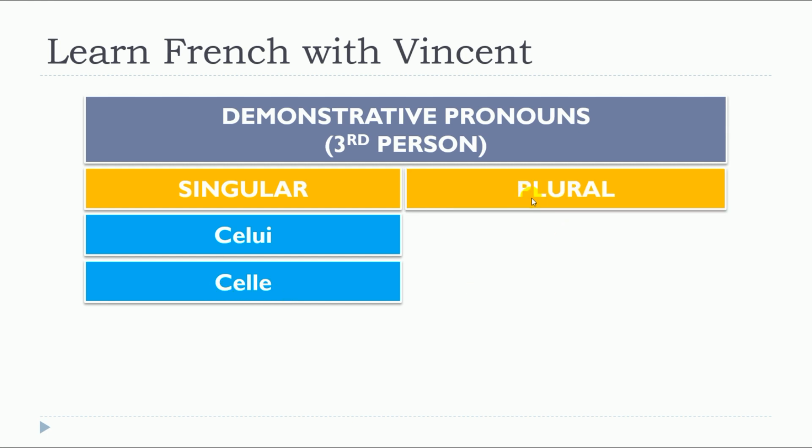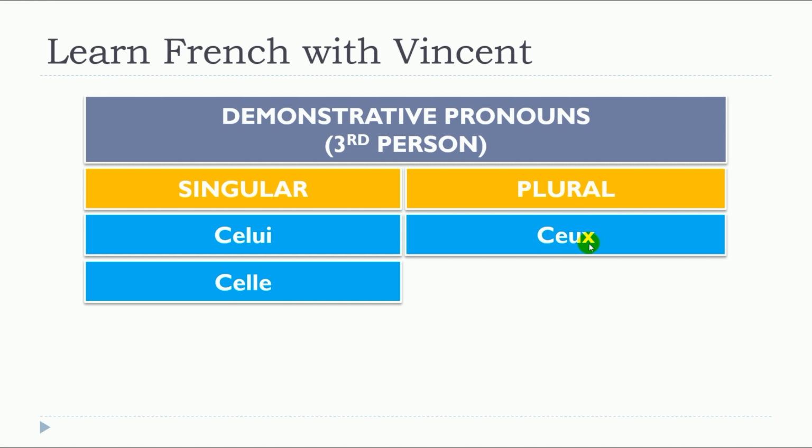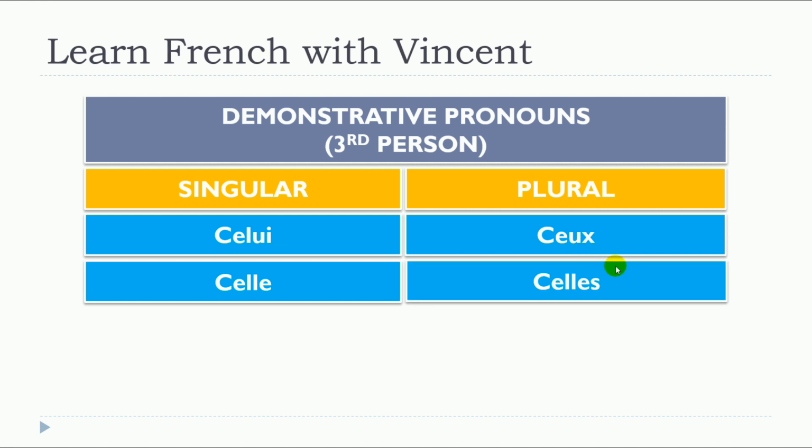For the plural form, it will be ceux, the masculine plural, and then for the feminine plural, it will be celles. So let's recap. Celui, singular masculine, ceux, plural masculine, celle, singular feminine, celles, plural feminine. As you can see, and as usual in French, this final S is not pronounced here, so it will be exactly the same pronunciation for the singular feminine celle and the plural feminine celles.